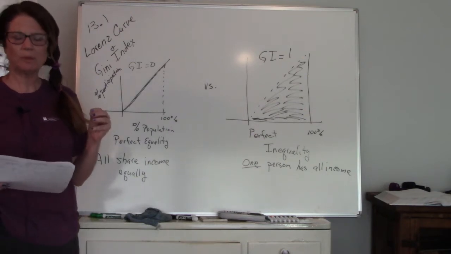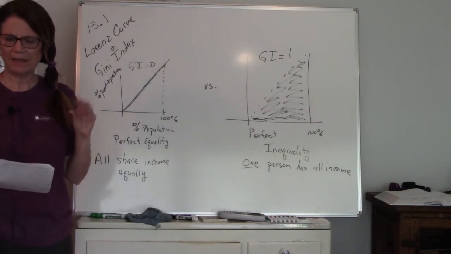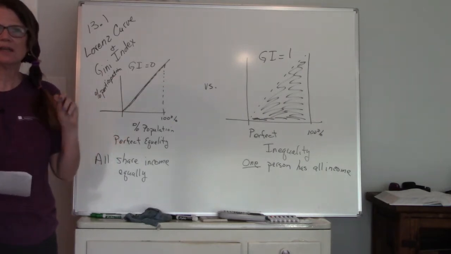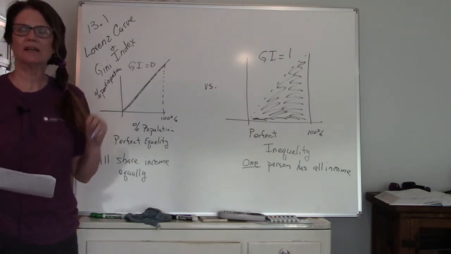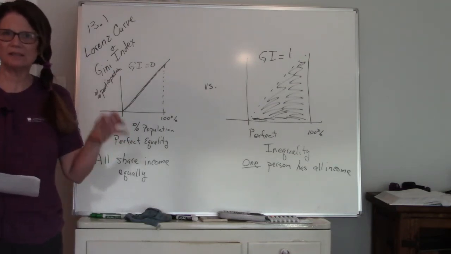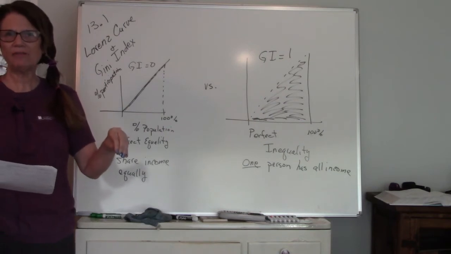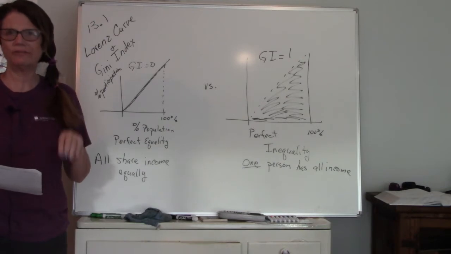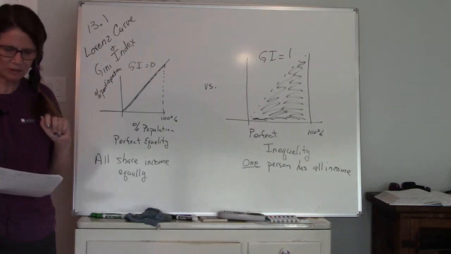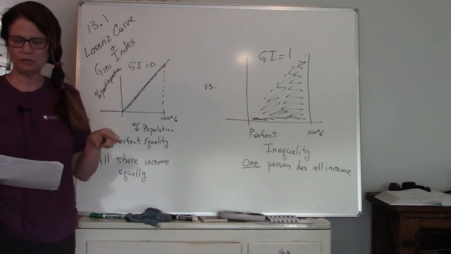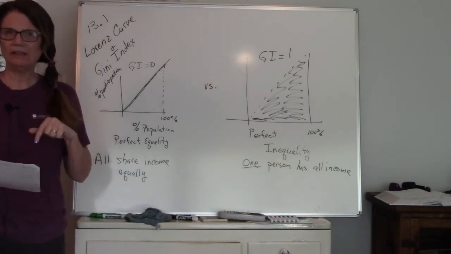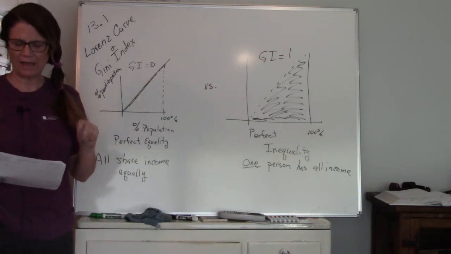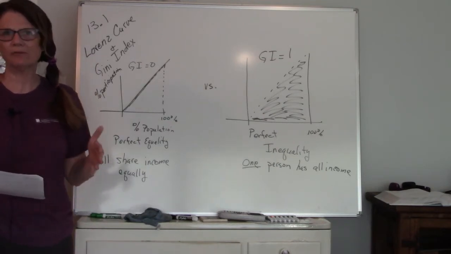So the X value represents the percentage of families at or below whatever the income is. The Y value represents the percentage of total family income received. Again, if the X value is 0.4 and the Y value is 0.11, that means 40% of the families with income at or below 39,000 receive 11% of the income.